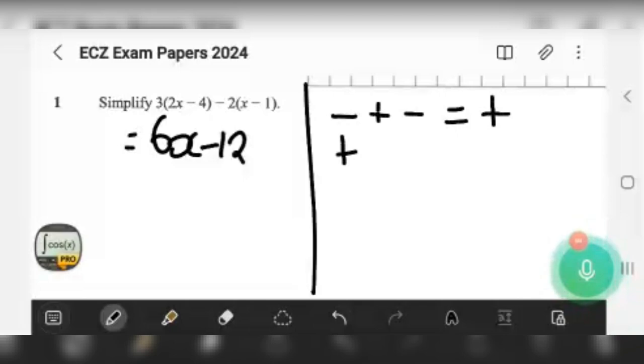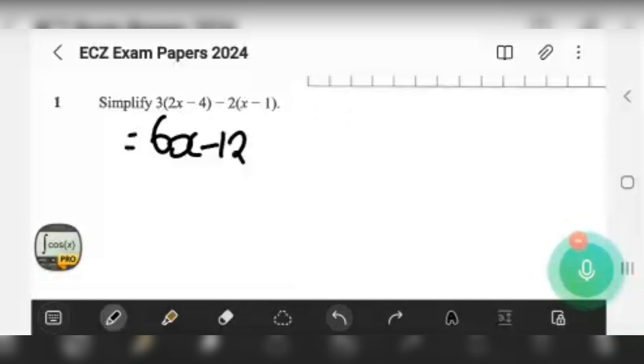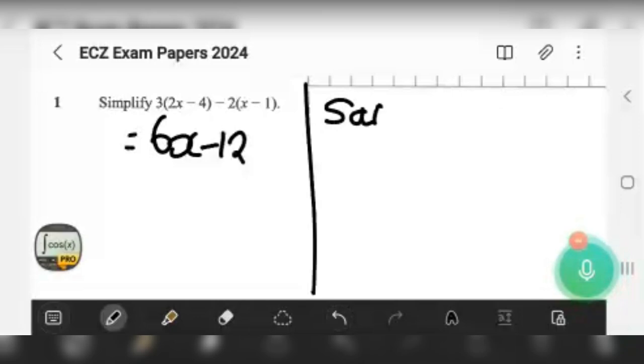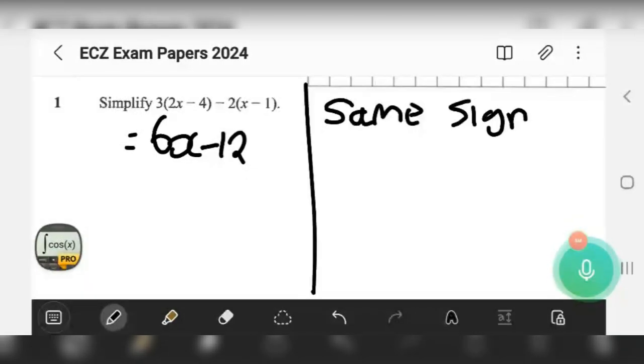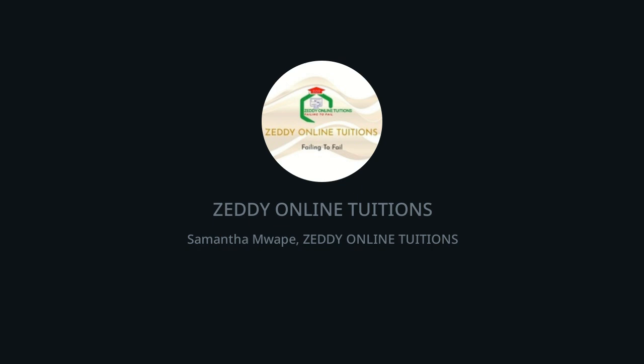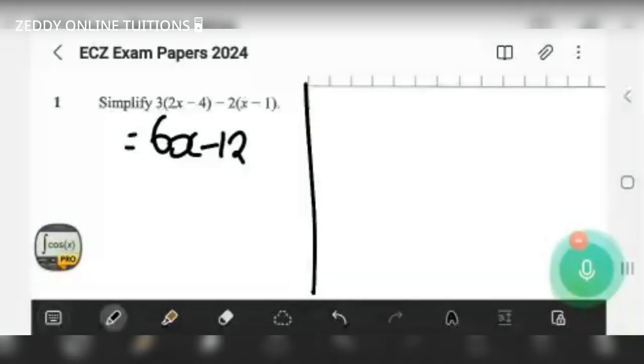Positive. Let me just write some rules that will guide you instead of writing positive. Okay, let's say same signs. Same signs, like when algebraic expressions are multiplied, they go like this.